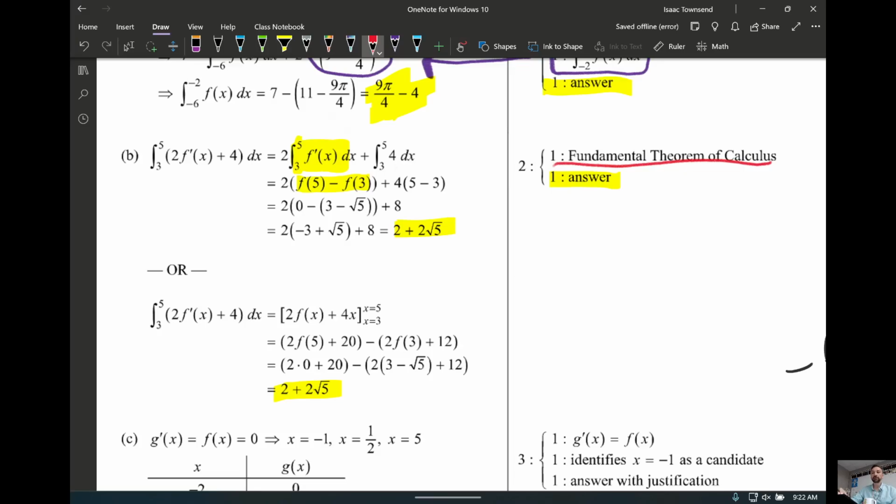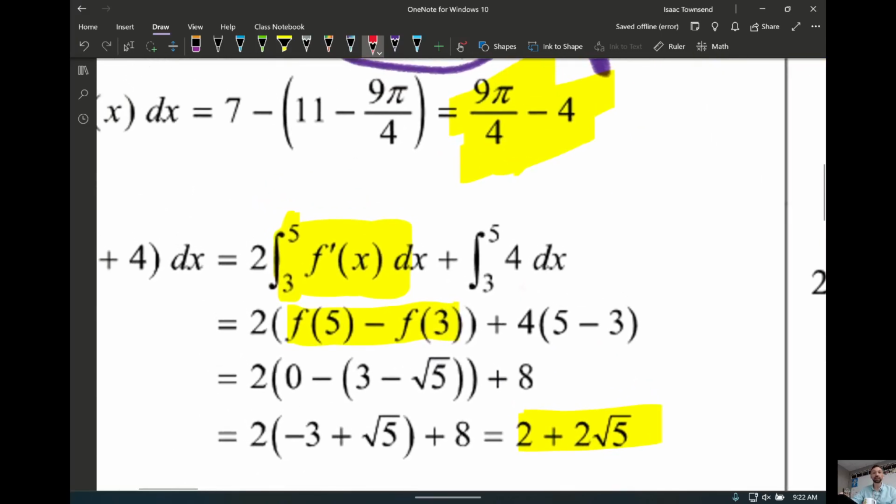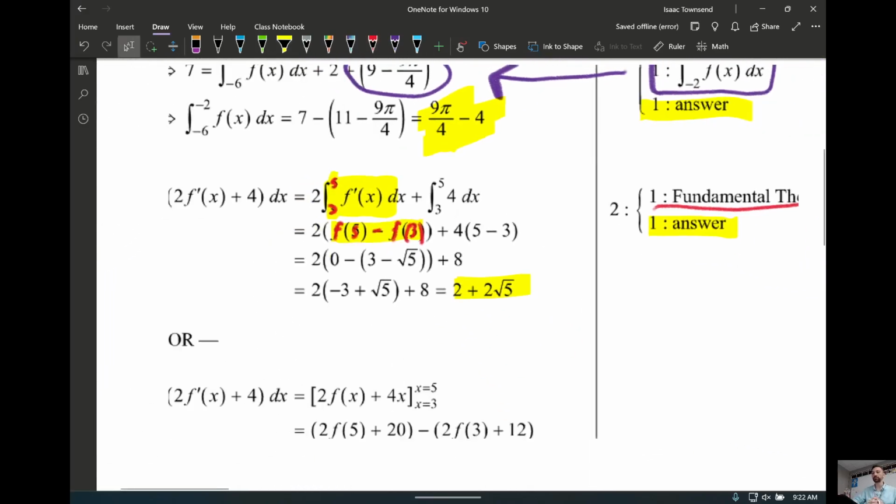So what can you take the derivative of to get f prime? And then you're evaluating it from 5 to 3. The thing that you can take the derivative of to get f prime is f. Evaluate from 3 to 5. So you got 1 point if you did that part, 1 point for the answer.